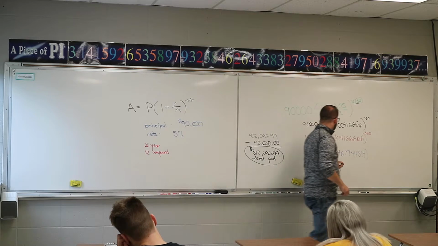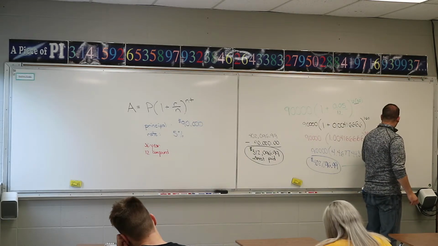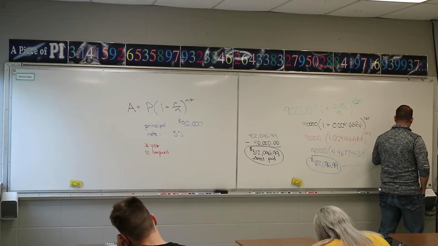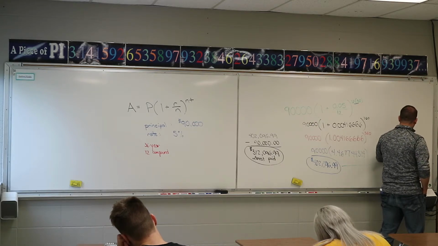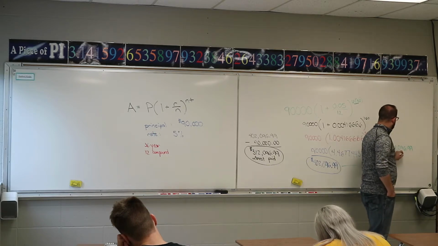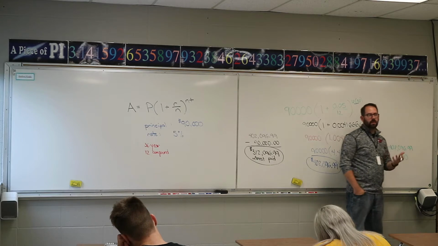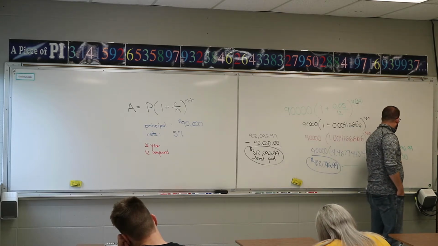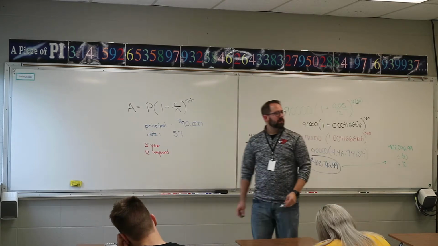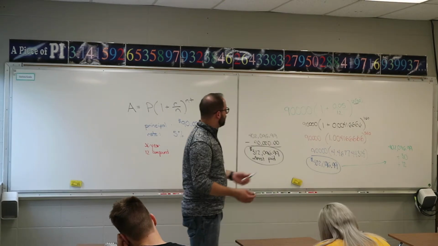So what you're going to do is take this number, $402,096.99, and you're going to divide first by the number of years. In my case, 30 years. And then you're going to divide by 12. And this is literally what your monthly payment would be. 30 years, 12 months in a year.